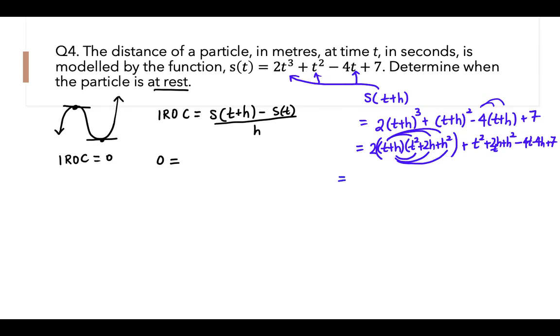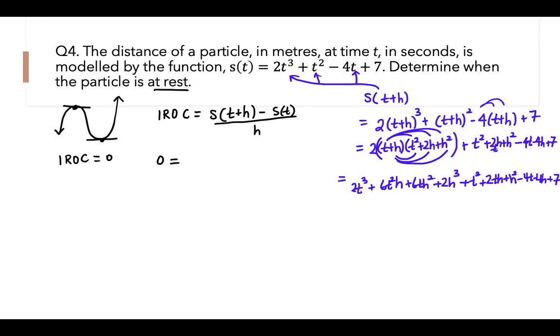Once you do FOIL and collect the like terms, you should get 2T cubed plus 6T squared H plus 6TH squared plus 2H cubed plus T squared plus 2TH plus H squared minus 4T minus 4H plus 7. I haven't collected the like terms yet. I just expanded.